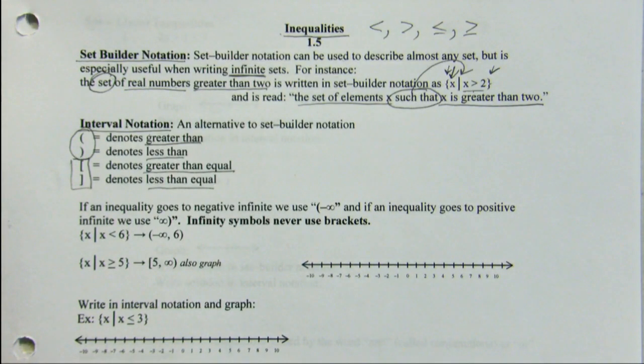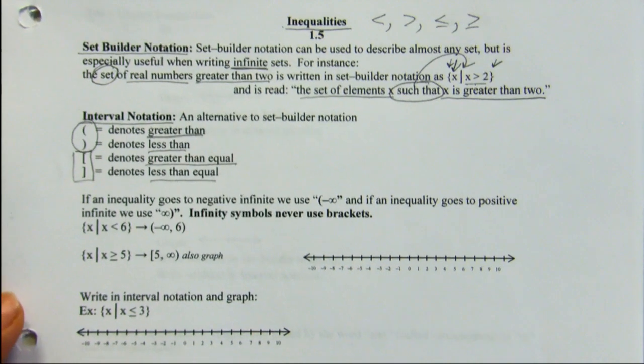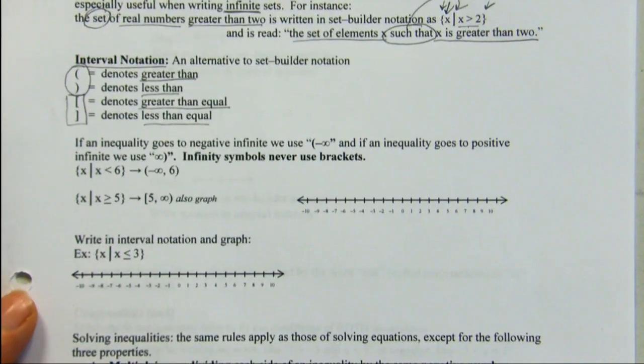It's not hard. It just takes a little bit of seeing it a few times to get used to it. So I'm going to show you some easy examples of using both set builder and interval notation.